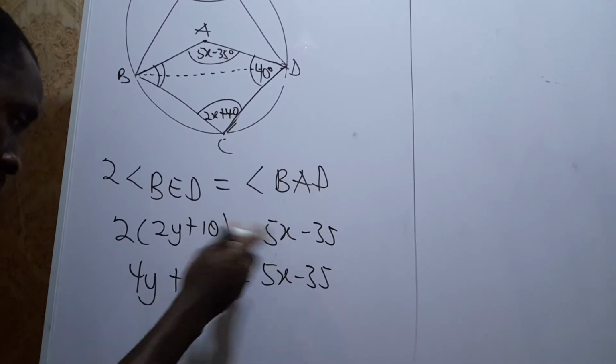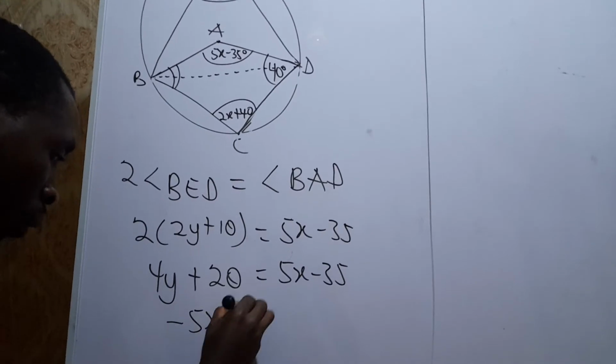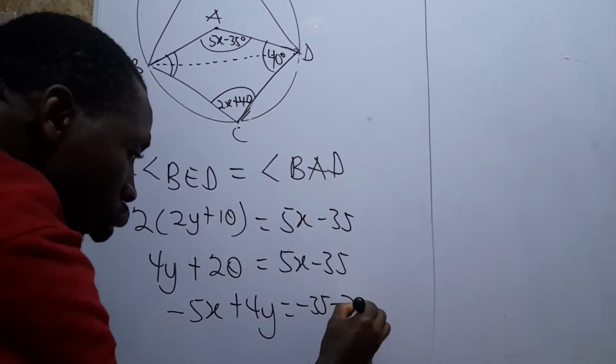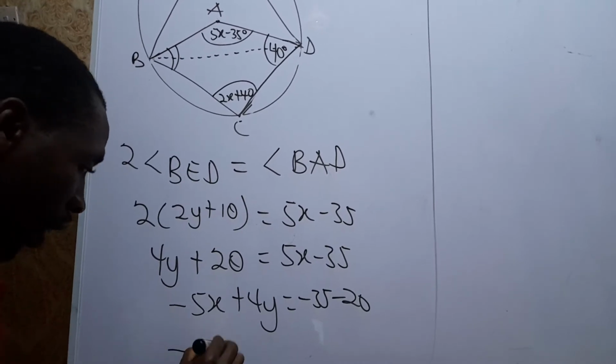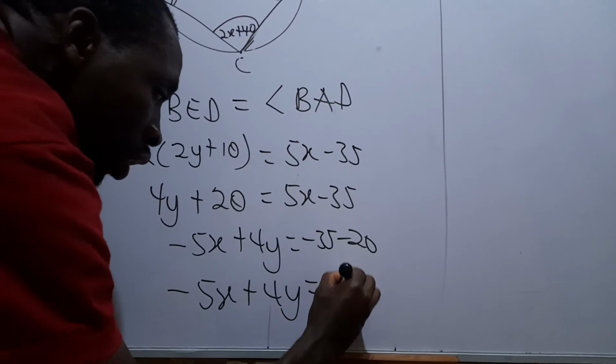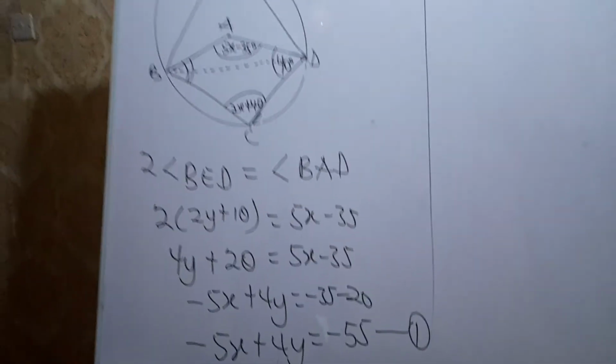When we group like terms by bringing the 5x here, we'll get negative 5x plus 4y equal to negative 35 minus 20. You get negative 5x plus 4y equal to negative 55, equation 1. Let's leave it there.